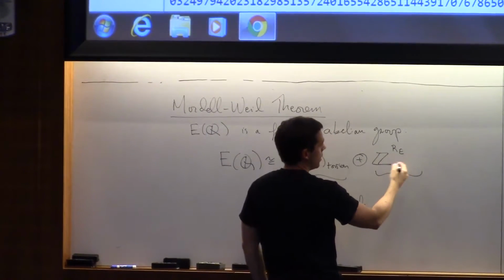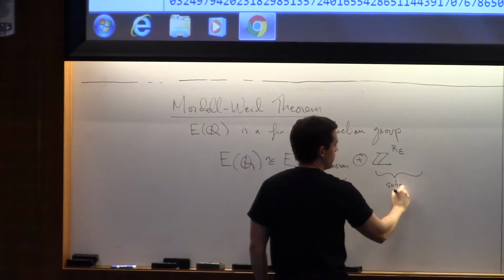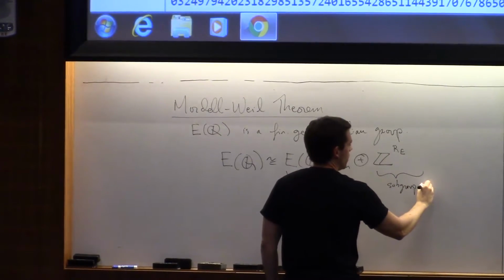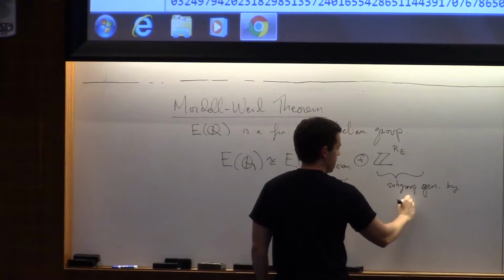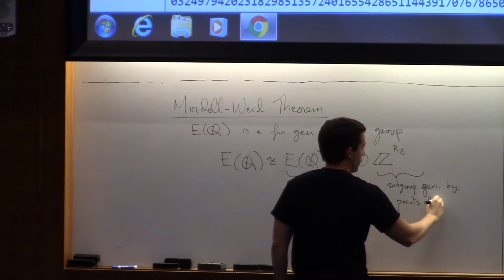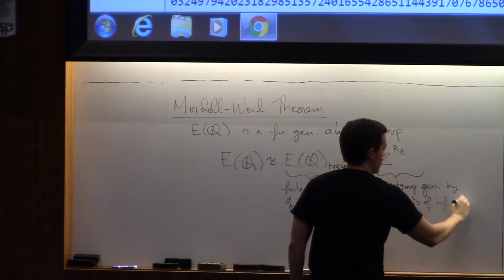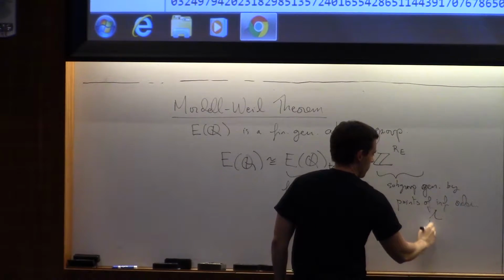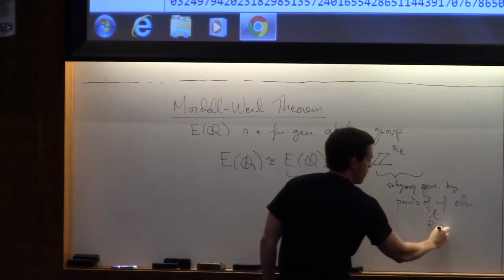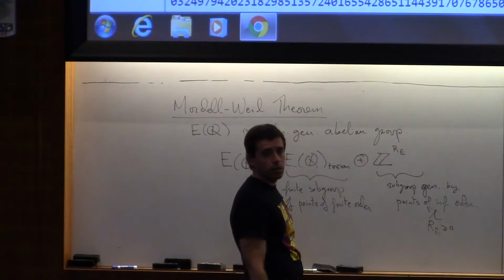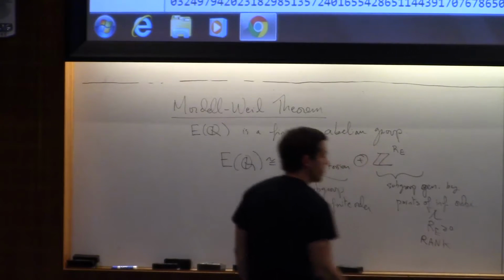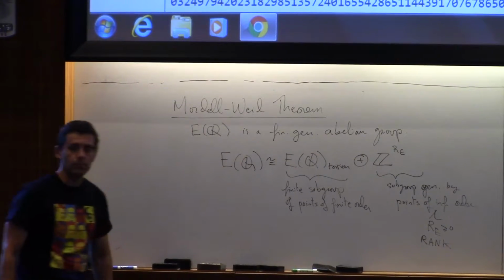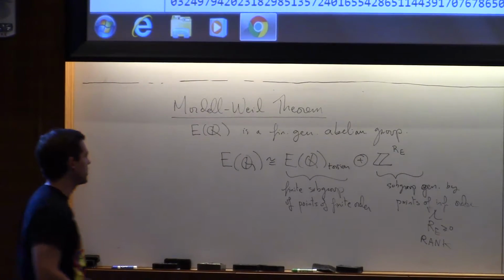And this is the subgroup generated by points of infinite order by exactly R copies of Z, and this quantity is called the rank of the elliptic curve over Q. This is well defined.